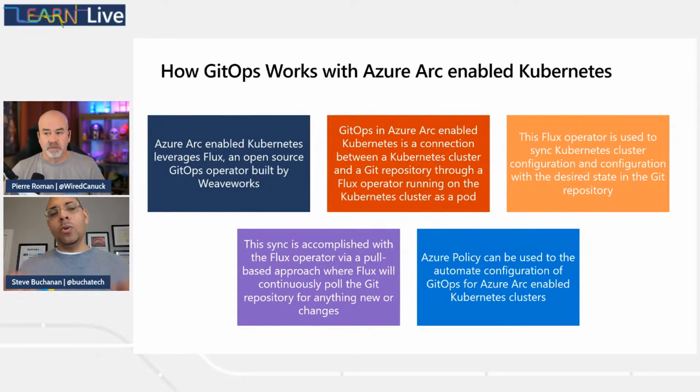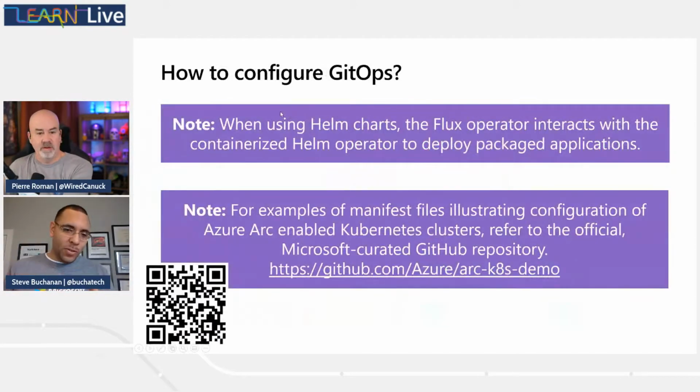Basically, in the portal, you put in your configuration, you point it to your Git repository, and you click Create, and Azure Arc will deploy the Flux pods on your Kubernetes cluster and other pods that are needed to facilitate pulling from your Git repository and deploying the application on your Kubernetes cluster. Let's go to the next slide here. I'm moving through it quickly because we're almost out of time here. So I already covered this. Let's go to the next slide here.